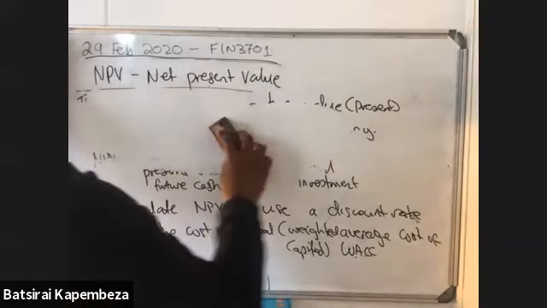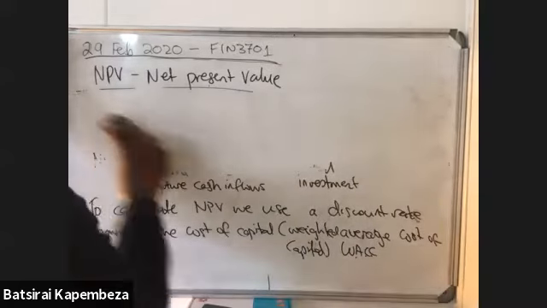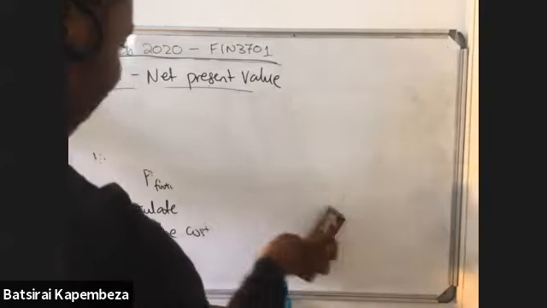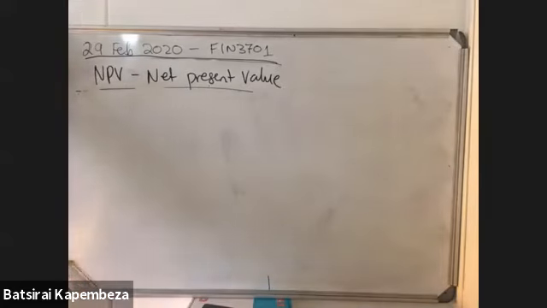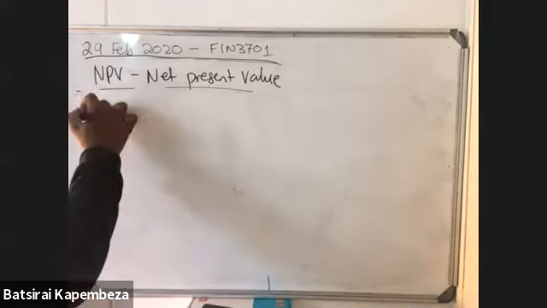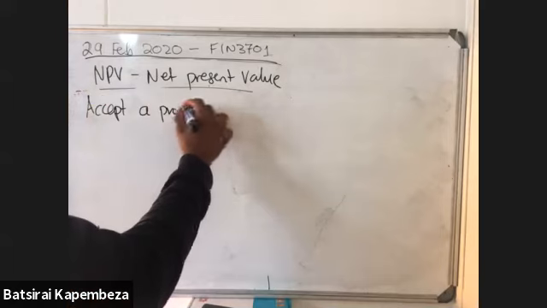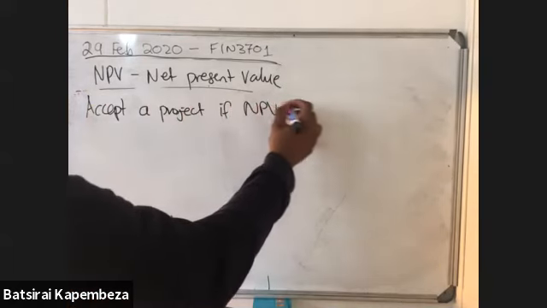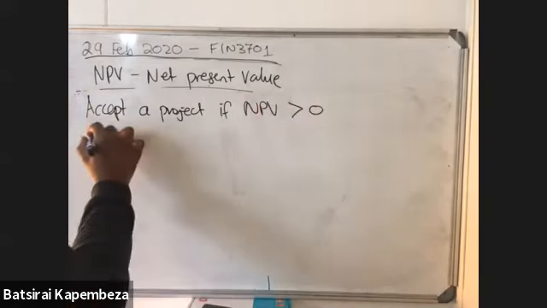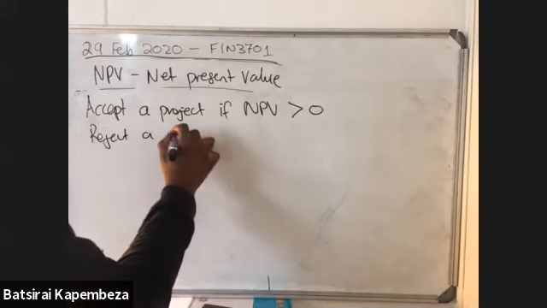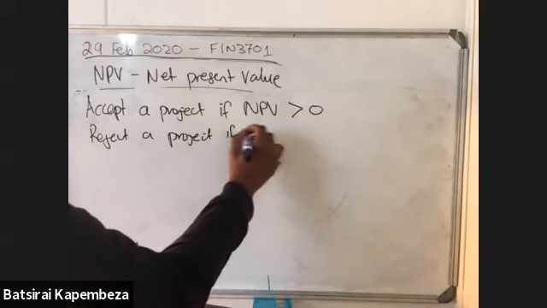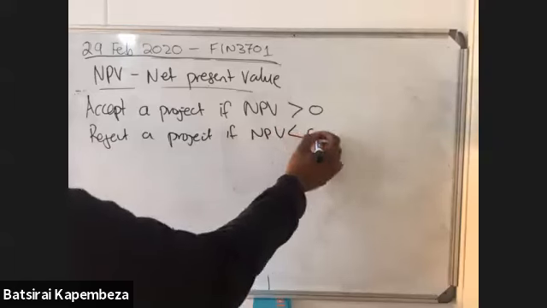Now, if you remember, we said that a project is accepted if its NPV is greater than 0, because it means the project is adding value, adding money to the company. Accept a project if NPV is greater than 0, and reject a project if NPV is less than 0.